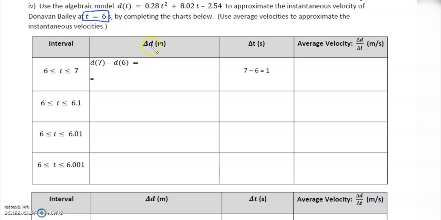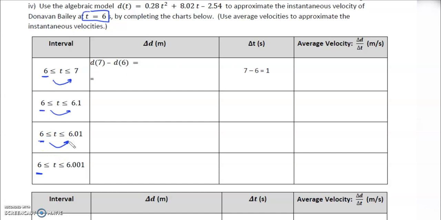Delta D would be the change in D. So we see the intervals here, and each interval starts at 6. This is the interval from 6 to 7, so that's a difference of 1. And then we're going to get smaller. Let's bring this point closer to 6. What about 6.1? That's pretty close. Now let's bring that point even closer to 6, 6.01.